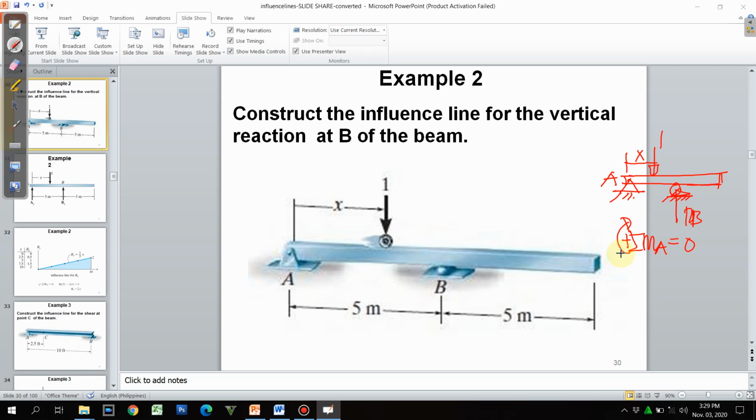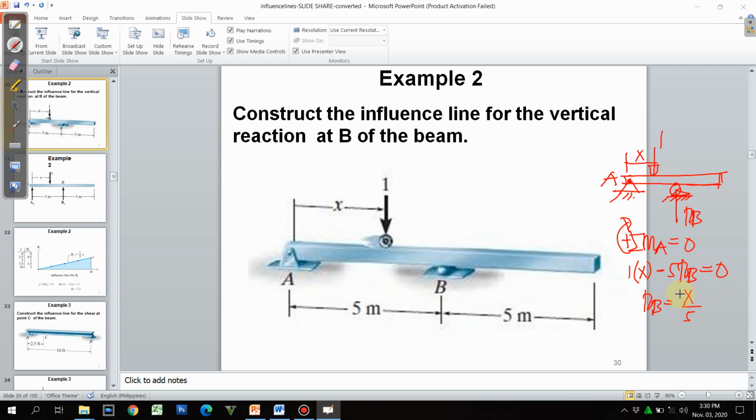Okay, so taking moments at A, we have 1 times x minus 5 times 1 times RB. So we have RB equal to x all over 5.